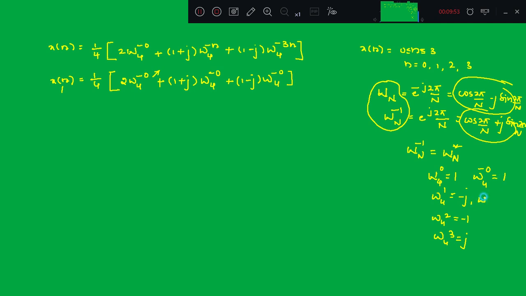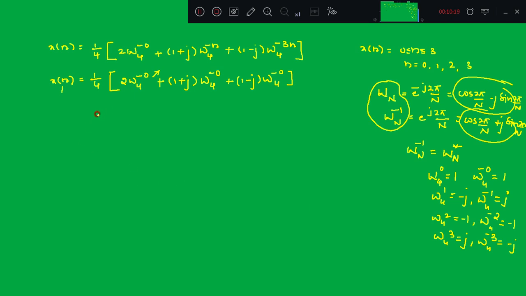Next, W4 raised to minus 1 is equal to how much? This is imaginary, minus j becomes plus j, because we are taking the conjugate. Then W4 raised to minus 2 is equal to minus 1, which is real, so no need to change, it is as it is. Then W4 raised to minus 3 is equal to how much? Plus j becomes minus j.